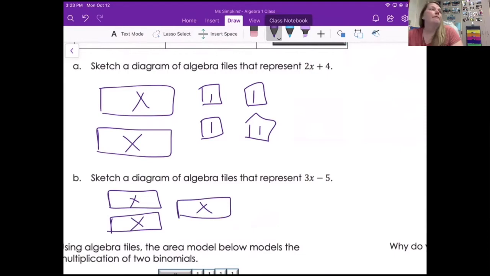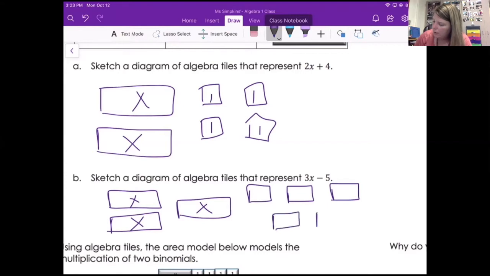Just the way I would represent 4, except instead of putting a 1 in there, I'd put a negative 1. Yeah, so 1, 2, 3, 4, 5, and each of these I would put in a negative 1. That's a lot of work. We're lazy. We don't want to do that work.